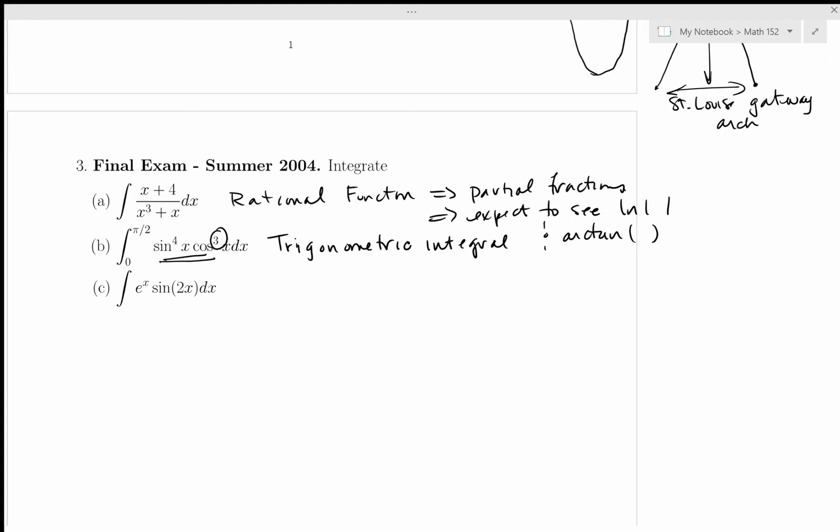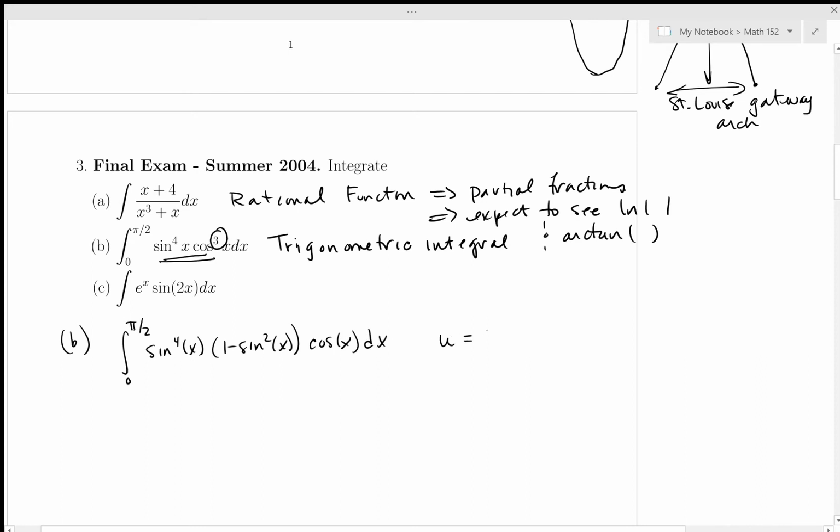Let me put a little bit more detail here for B. What I'm thinking of here is keeping the sine like that and then writing cosine squared as 1 minus sine squared, and then there will be one more cosine, and then making the substitution u equals sine x, and then du will be cosine x, and then I can proceed from there, and I'll just give you the answer on that one.